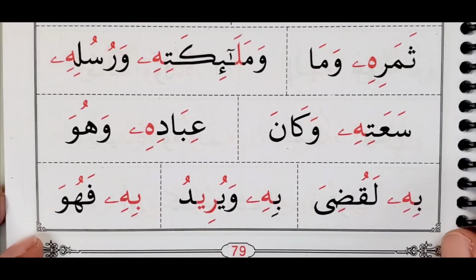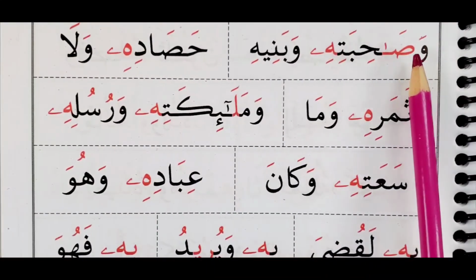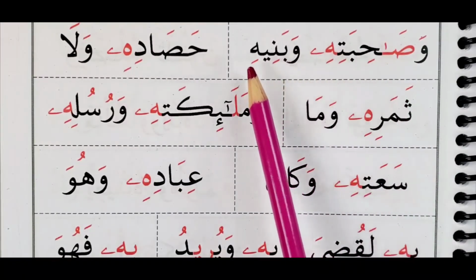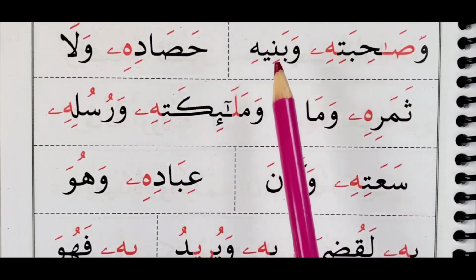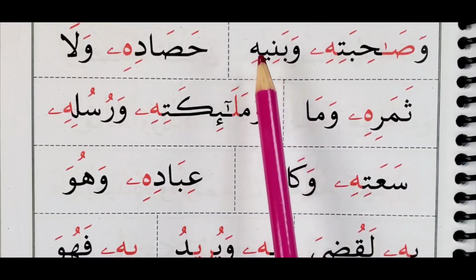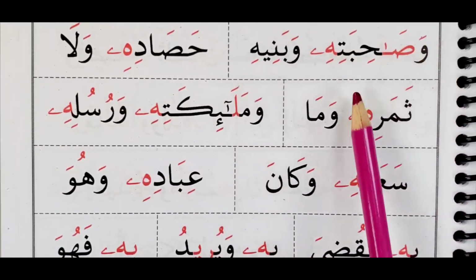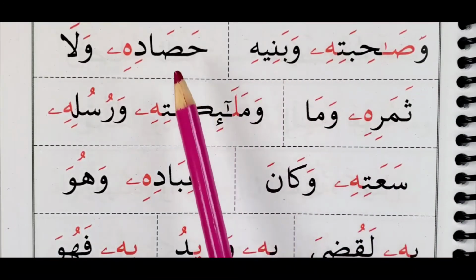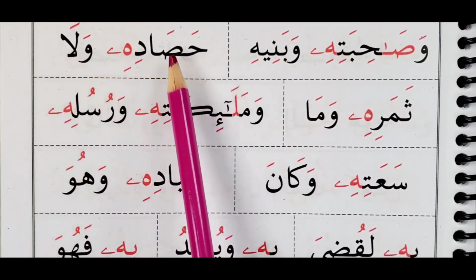Let's start one more time, then continue. وصاحبته وبنيه. Also here you can say وبنيه, but since we are learning, we're just saying وصاحبته وبنيه. حصاده ولا.